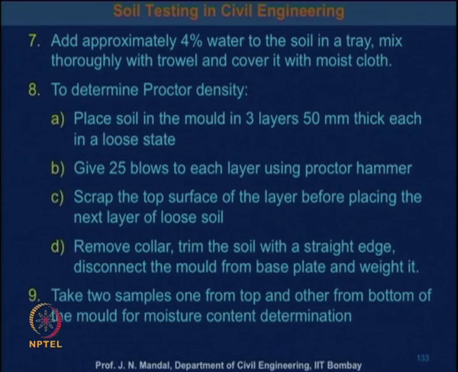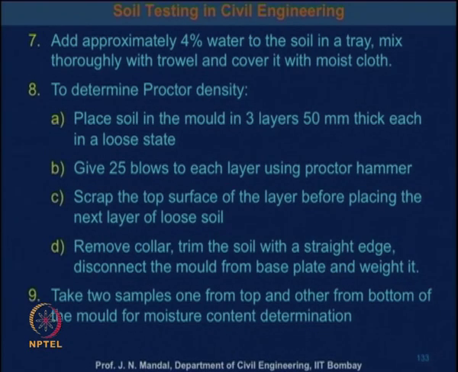Next, determine the Proctor density. Place the soil in the mold in 3 layers, 50 millimeter thick each, in a loose state. Give 25 blows to each layer using the Proctor hammer, which I showed you.